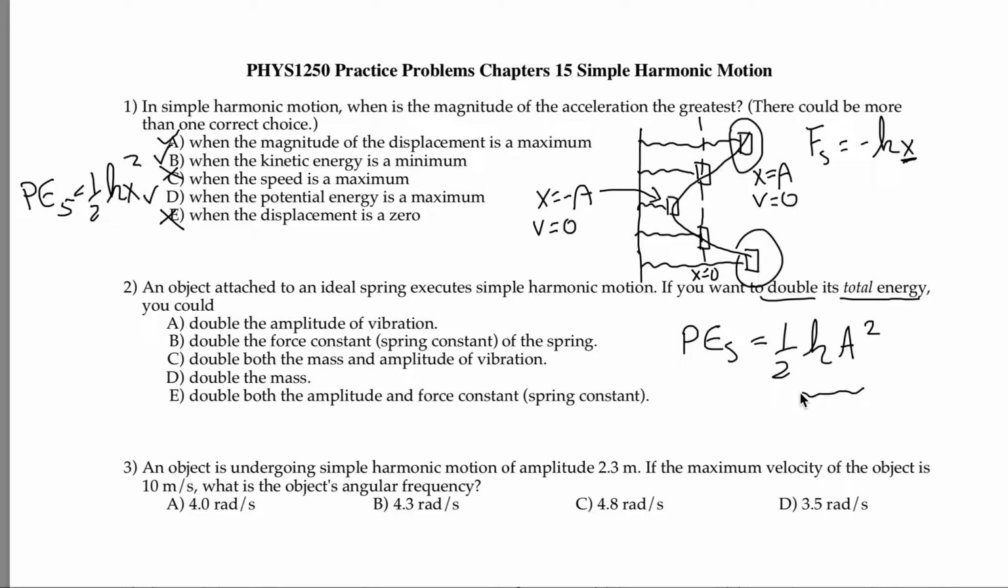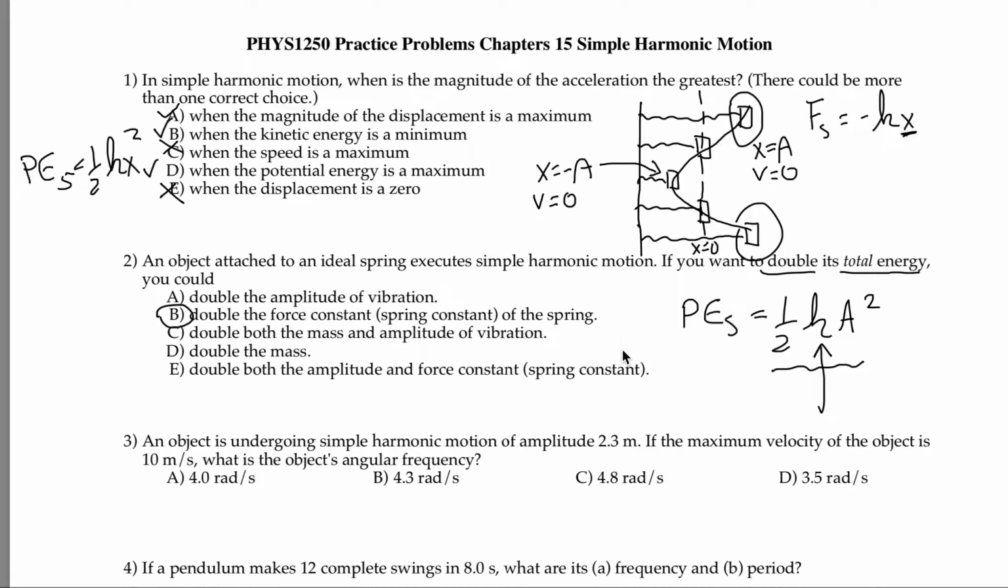Now that we've figured out which equation to use, we can see how we want to double the energy. Well, we're going to have to double k. k is the spring constant, so the answer is B. We cannot double the amplitude a, because the amplitude is squared, which means the energy would be multiplied by 4.